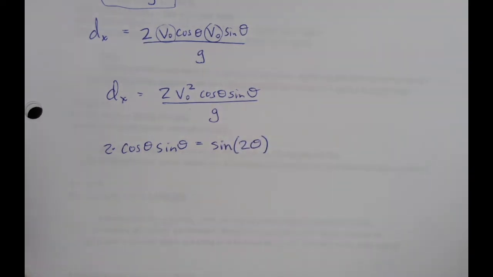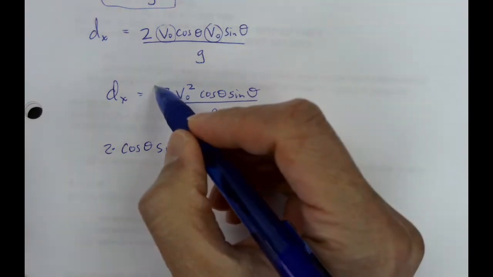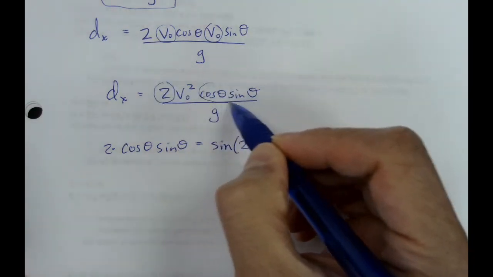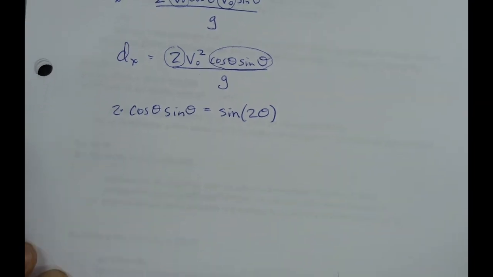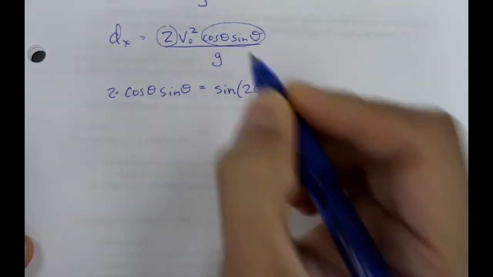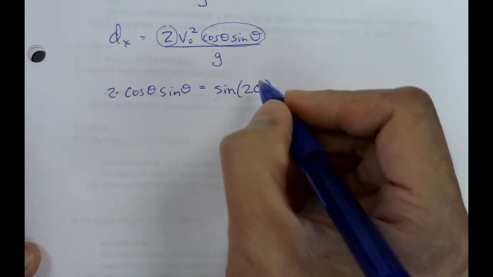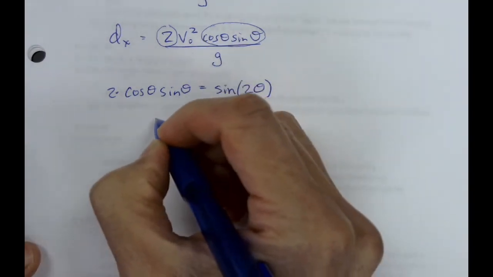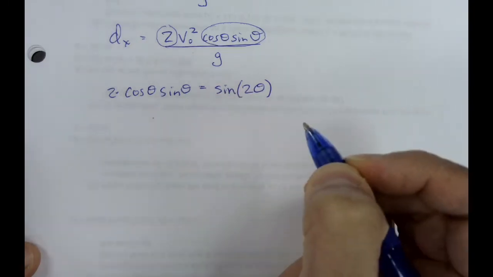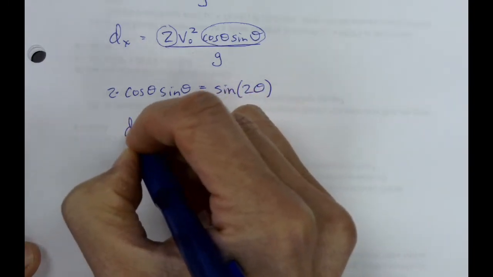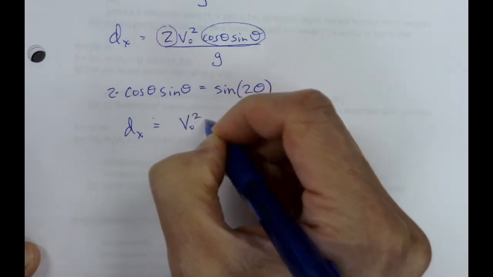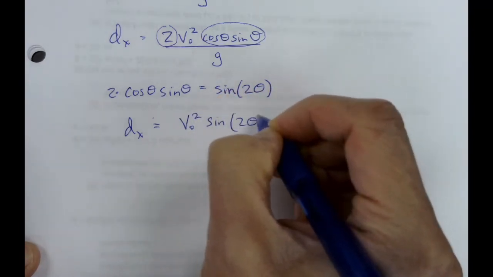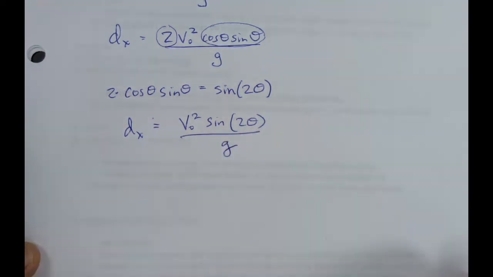Really interesting trigonometry identity, and very useful because 2 cosine theta sine theta is exactly what we ended up with in this range equation. And so, to make things easier, we can replace 2 cosine theta sine theta with sine 2 theta. And then our range becomes v naught squared sine 2 theta over gravity.